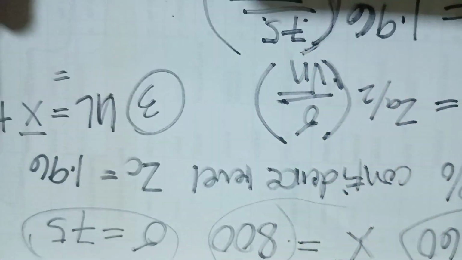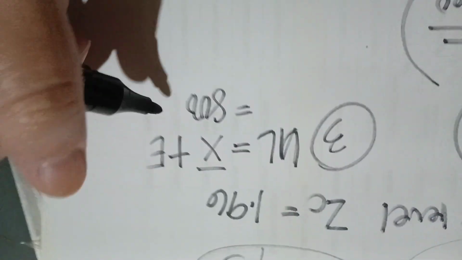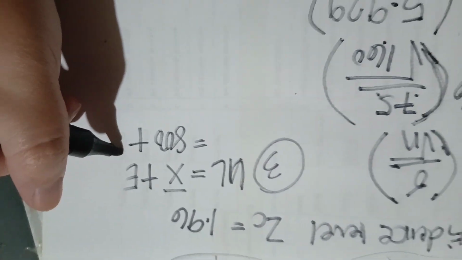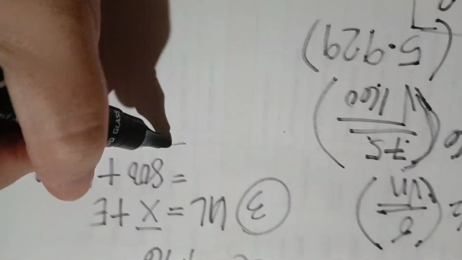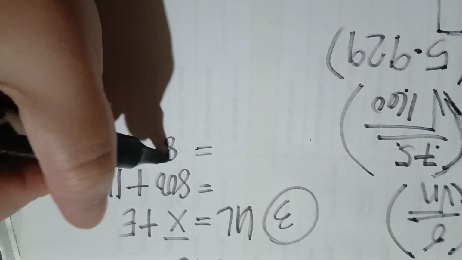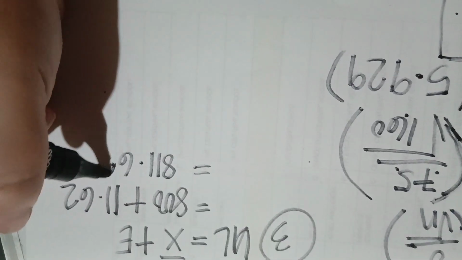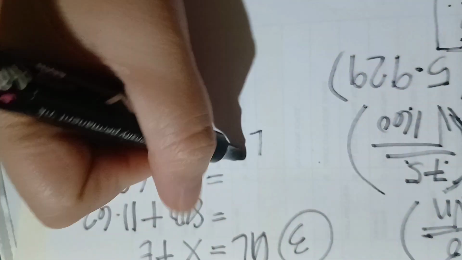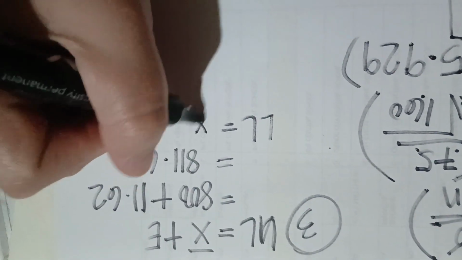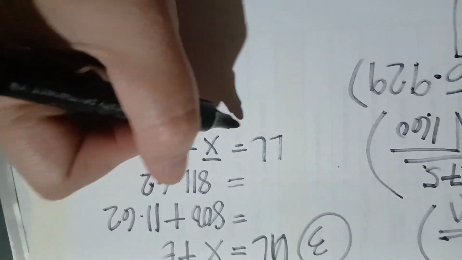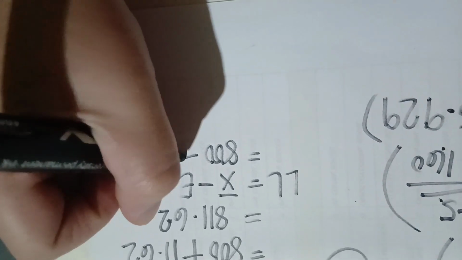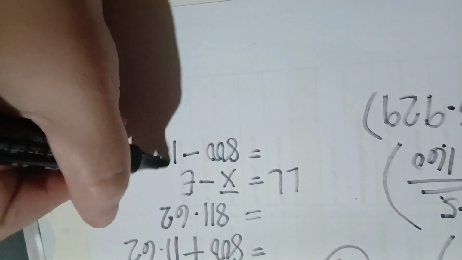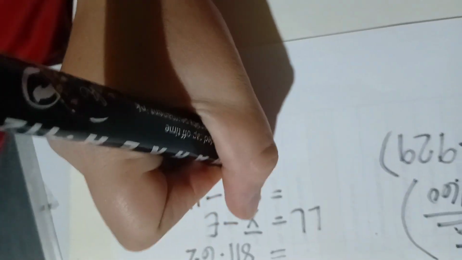The sample mean is 800, so 800 plus the margin of error of 11.62 gives 811.62. And for the lower limit, this is the difference between the sample mean and the margin of error, so 800 minus 11.62.